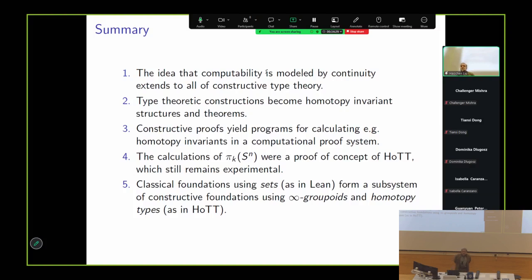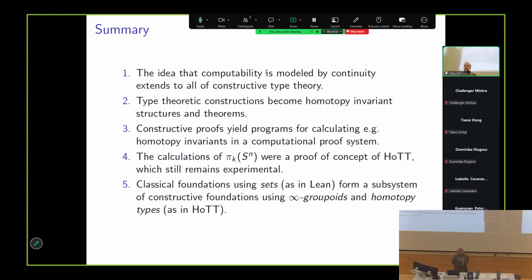The idea that you can model computability by continuity can be extended to all of constructive type theory using Per Martin-Löf's constructive type theory, which implements computability. And then, when you do that, the type theoretic constructions become homotopy invariant structures and theorems in the system.